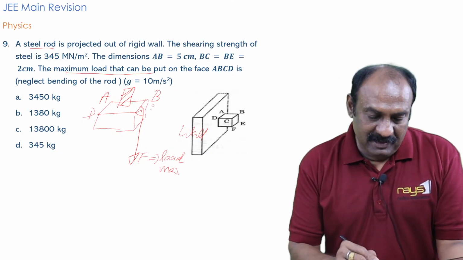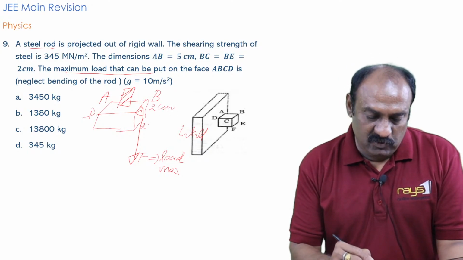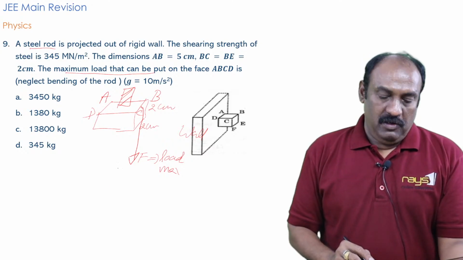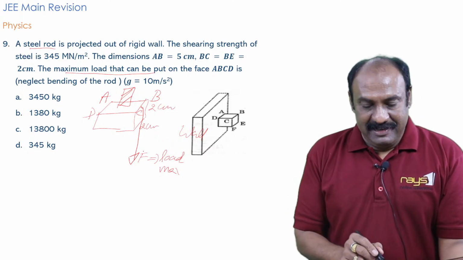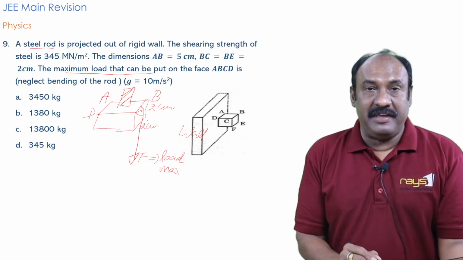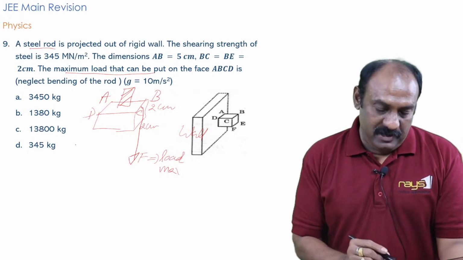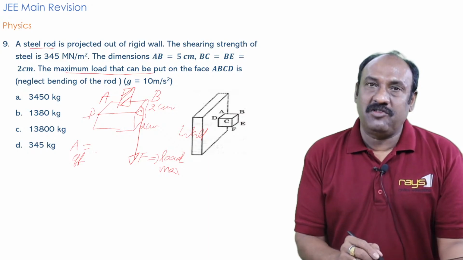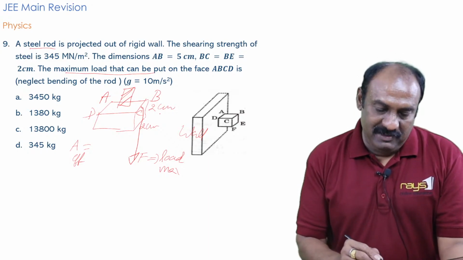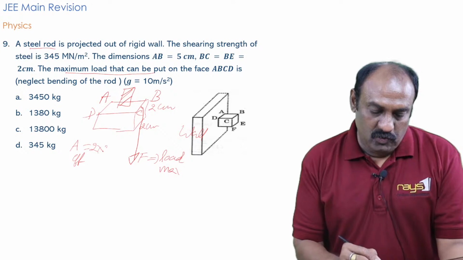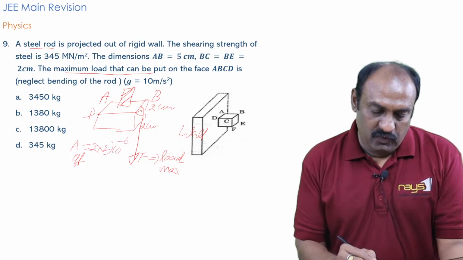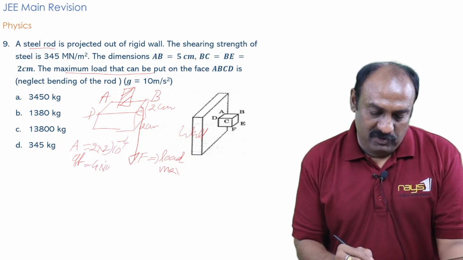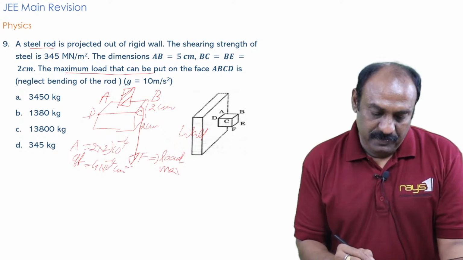So this length is 2 centimeters given, this length is 2 centimeters given. So force is to be applied tangentially to the surface of area 2 centimeter into 2 centimeter. So the effective area at which the force is tangentially applied is 2 into 2 into 10 power minus 4, that is 4 into 10 power minus 4 meter square is the area.